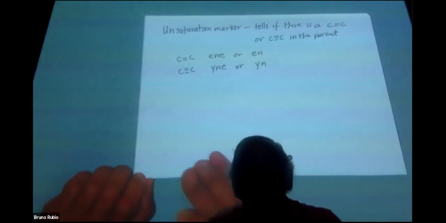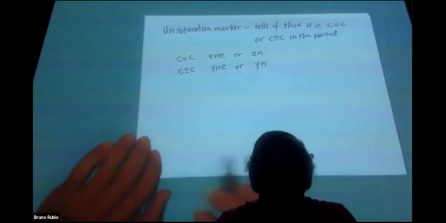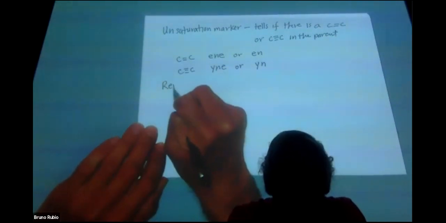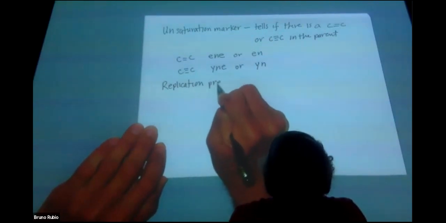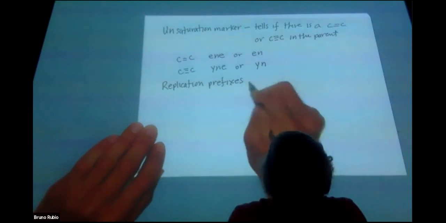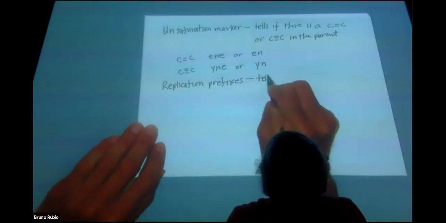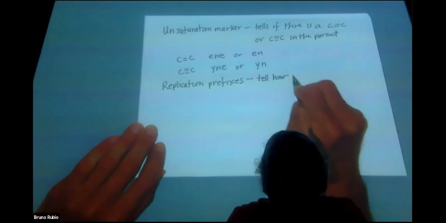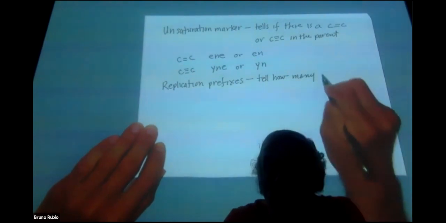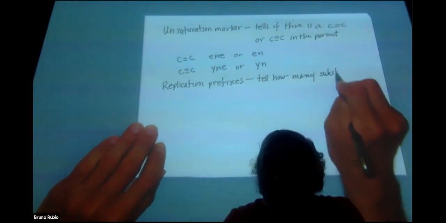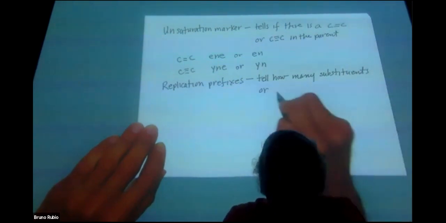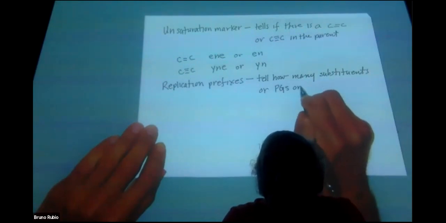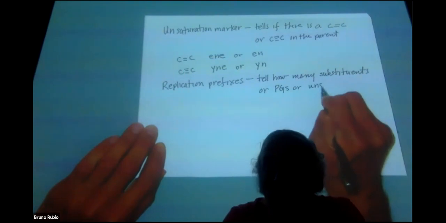Okay, next thing is the replicating prefixes. And these tell how many substituents or priority groups or unsaturations there are.